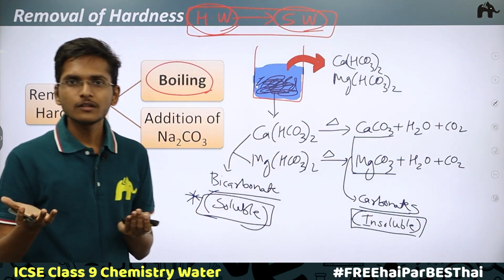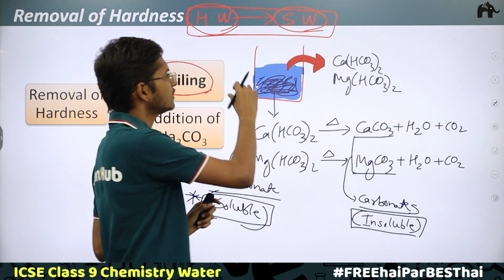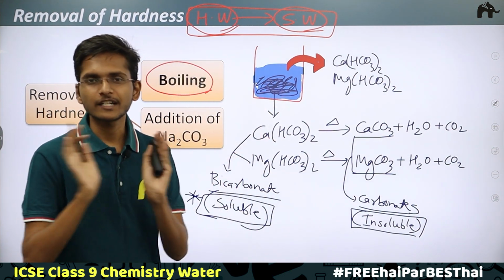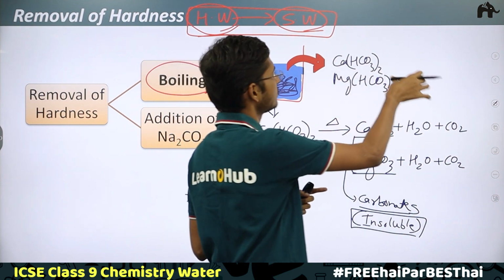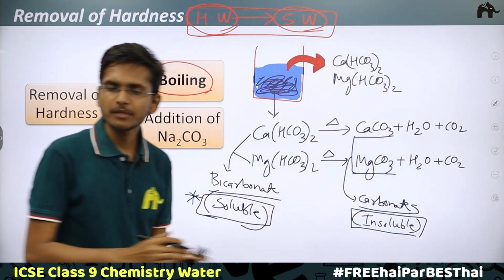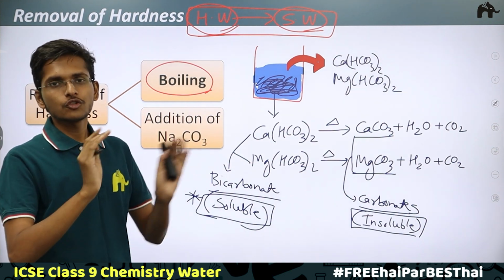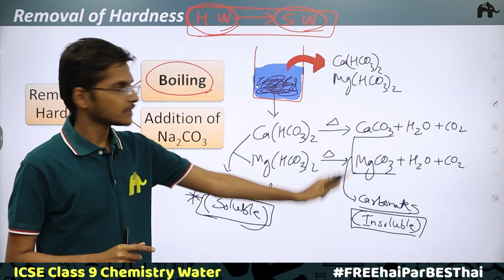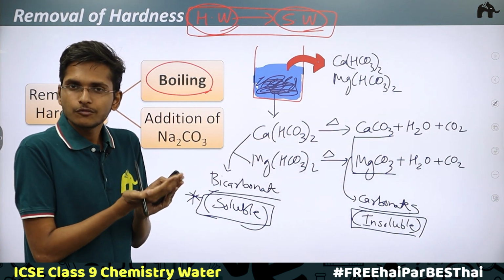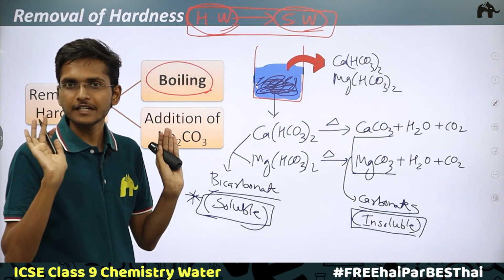Since they are insoluble, they would not be able to dissolve in water, and then they would finally settle down, and then finally we can take this water and pour it through the filter paper, or we can filter this water. So after filtering, these precipitate carbonates would be removed from the water, correct?